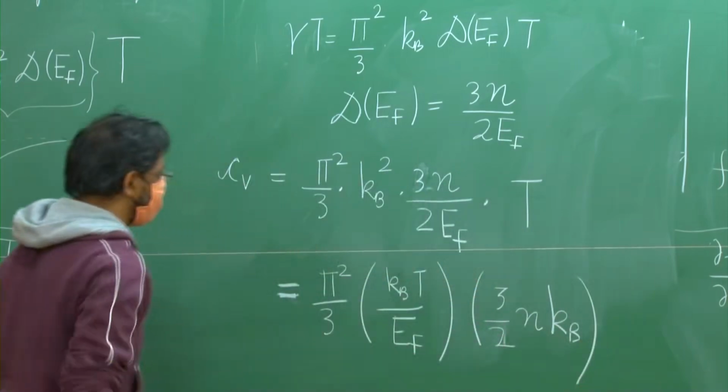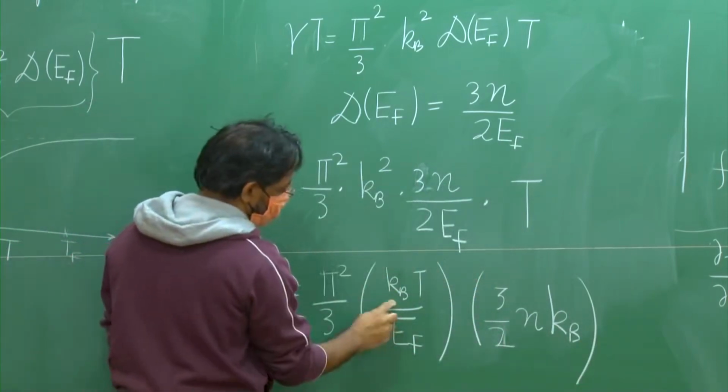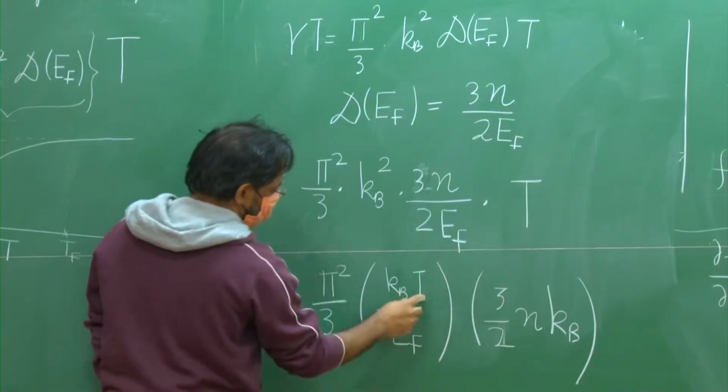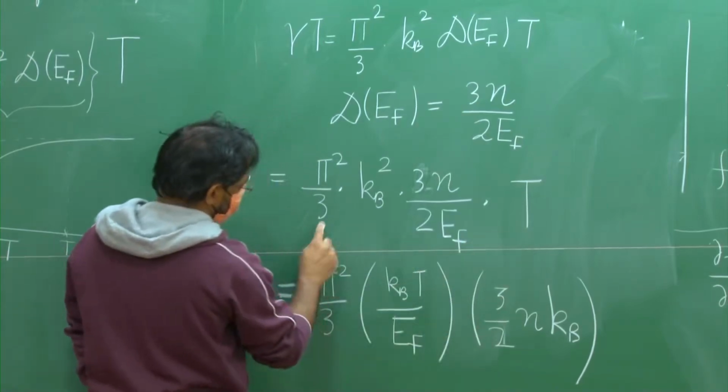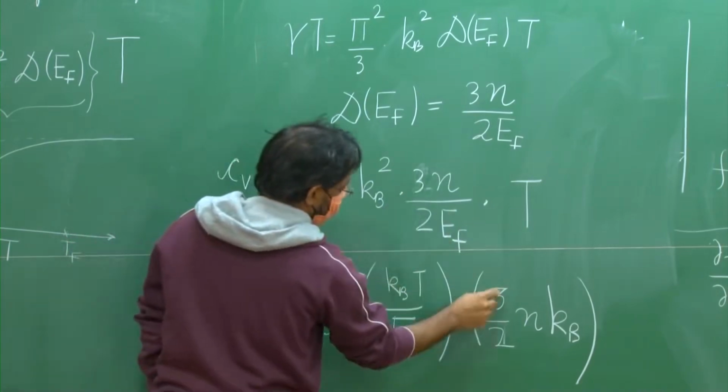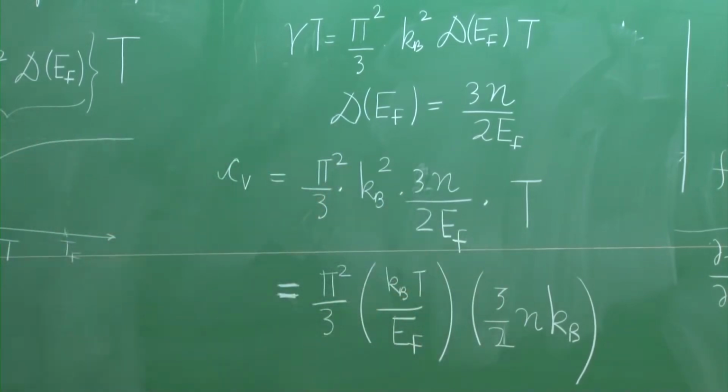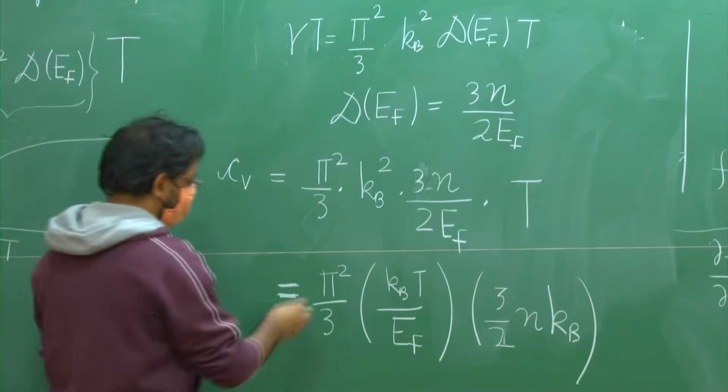I've just rearranged the terms. This split this KB into 2 KBs. This T has come over here, EF is here, this 2 is here, this 3 is here, this 3 is here. Everything is there, but just rewritten in a slightly different form.